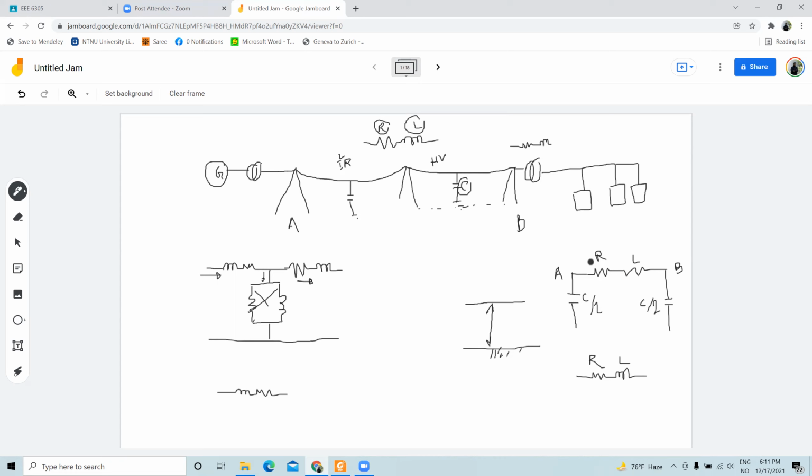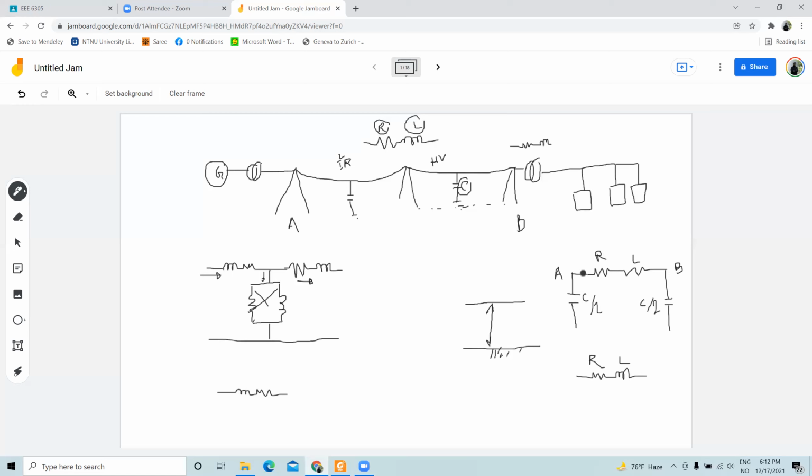The whole reason we convert it to R and L is that we can do the calculations. We can apply Kirchhoff's voltage law and Kirchhoff's current law and solve the circuit. For instance, if we have a certain sending end voltage and we know the values of R, L, and C, we can calculate the value at the receiving end.